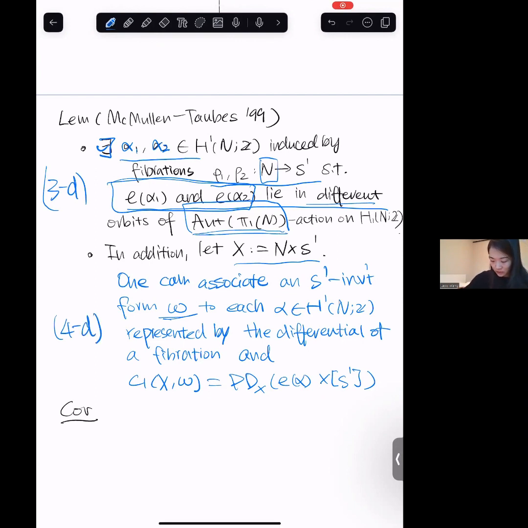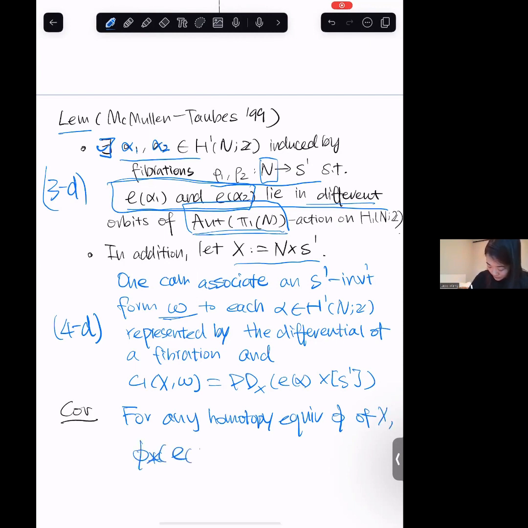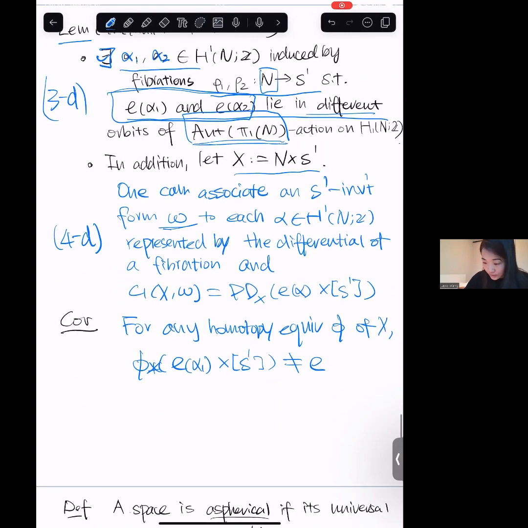And so together with these lemmas, we can show that for any homotopy equivalence phi of X, it doesn't map the product of one Euler class times S1 to the other one.